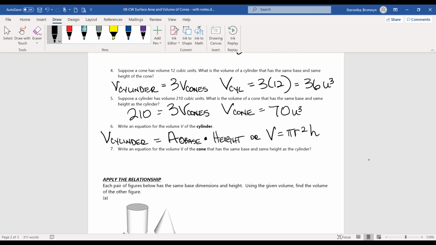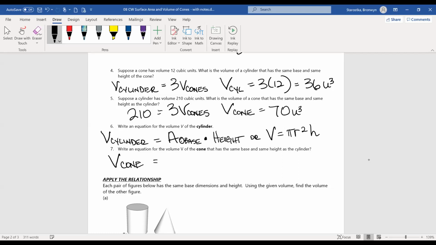So if we want to know the volume of a cone that has the same base and same height as this cylinder, what do we do up here to find the volume of the cone? We divide it by 3.